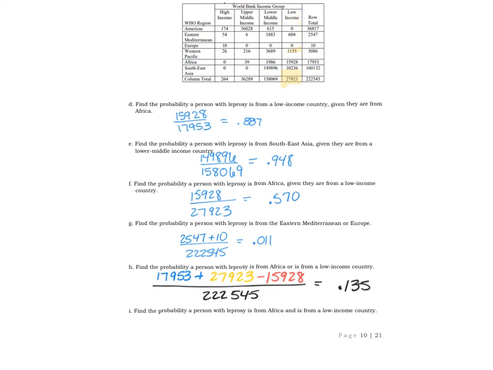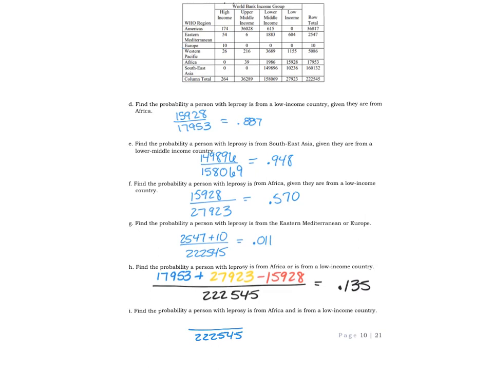All right, and last but not least, the probability a person with leprosy is from Africa and is from a low-income country. So again, the key word here is and, a person with leprosy. So we're not talking about given that they came from somewhere in particular, just someone with leprosy has these qualities.